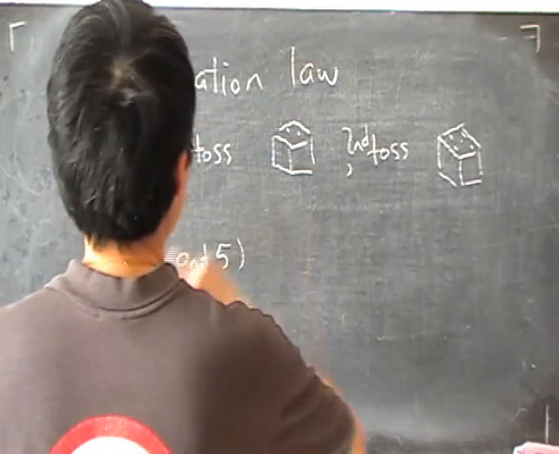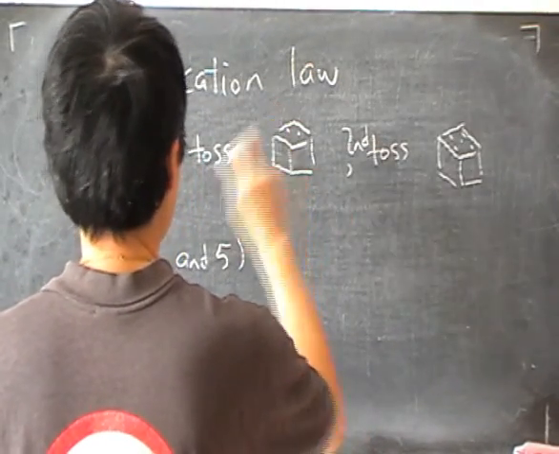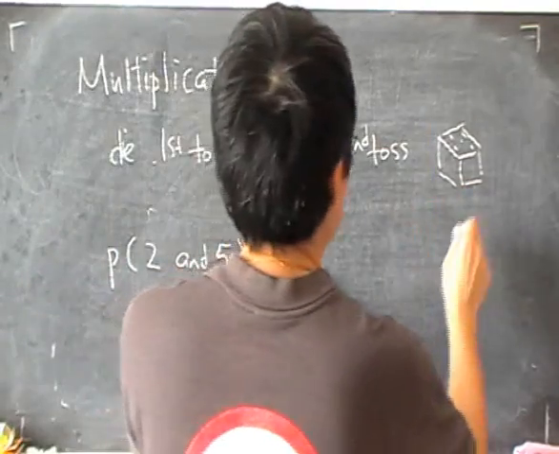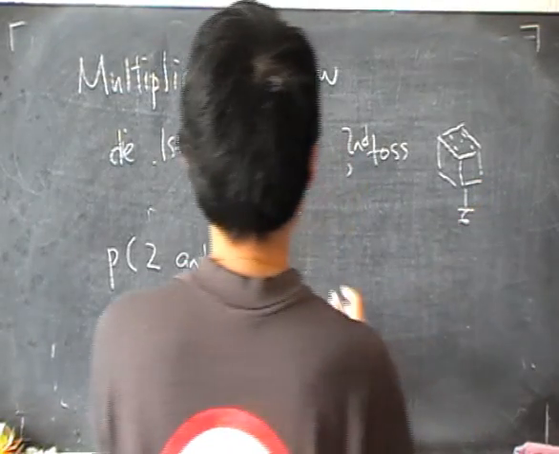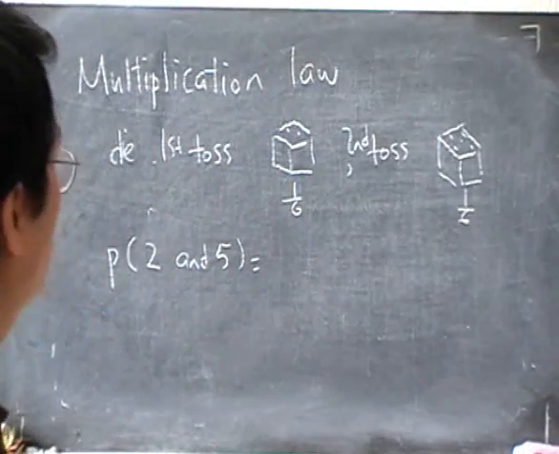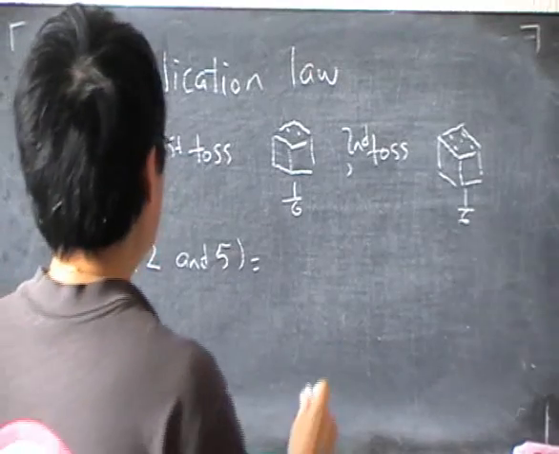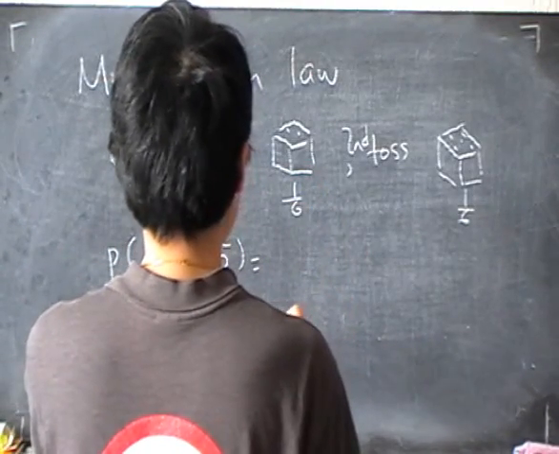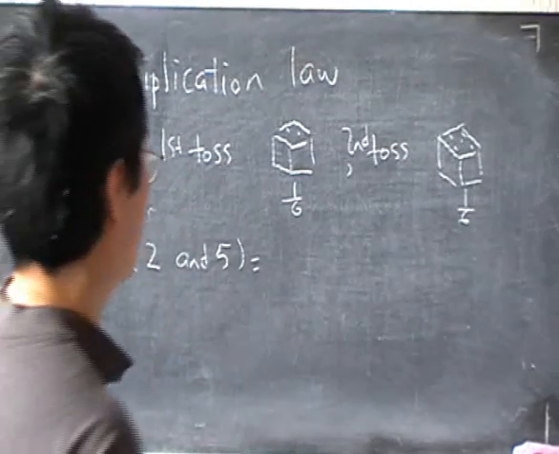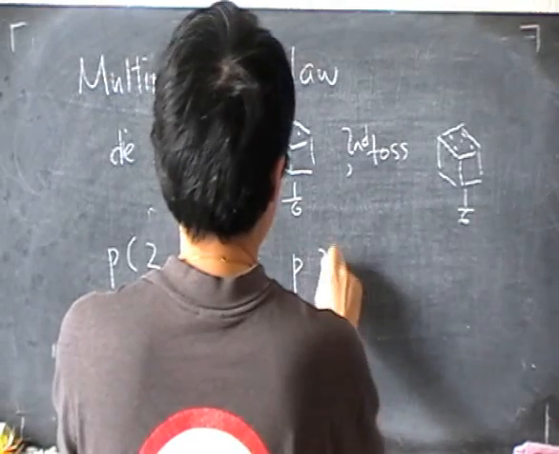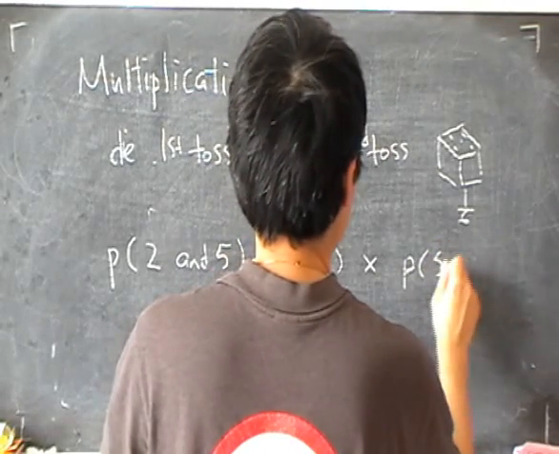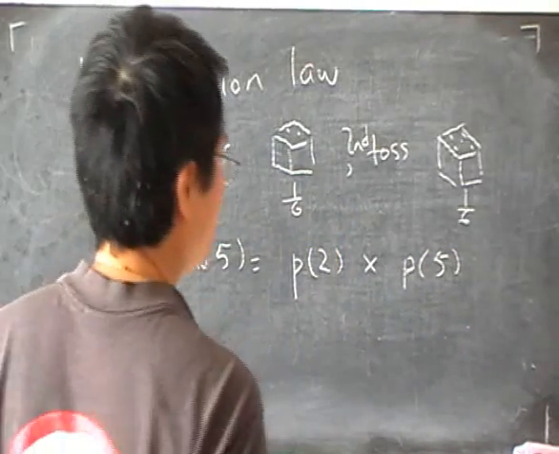So what is the probability of this? I know that the probability of getting a 2 in the first toss is 1 over 6. A 5 in the second toss is 1 over 6. We can use a multiplication law to do this. The multiplication law says that the probability of getting a 2 and a 5 is equal to the probability of getting a 2 times the probability of getting a 5.